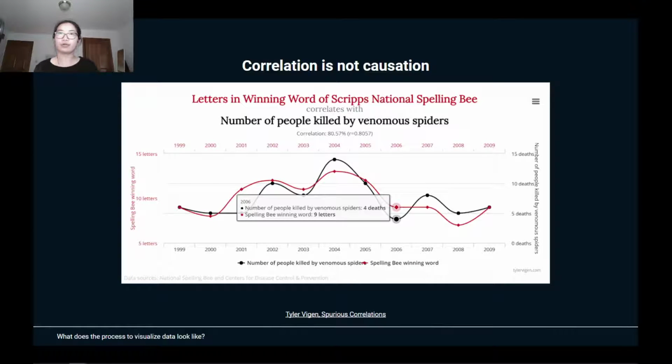It doesn't make sense how they could be related. So this is a very extreme example, but it's important to understand that there could be a relationship, but it's not causation. It's completely different. Just driving the point here. So when you're making inferences or discovering trends or insights, think more about it. Don't jump to conclusions.